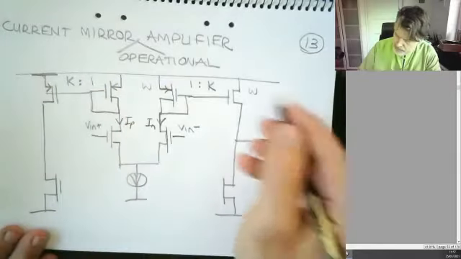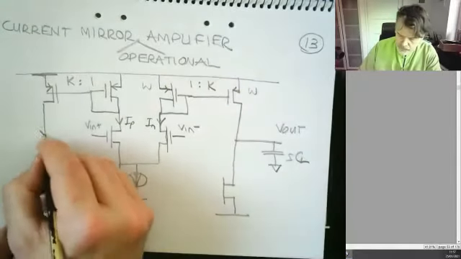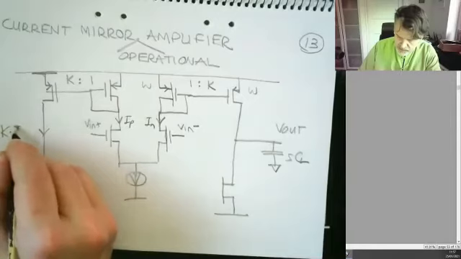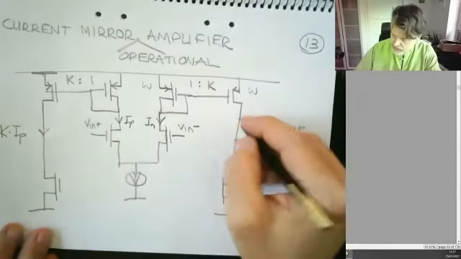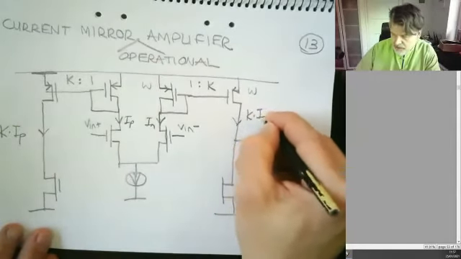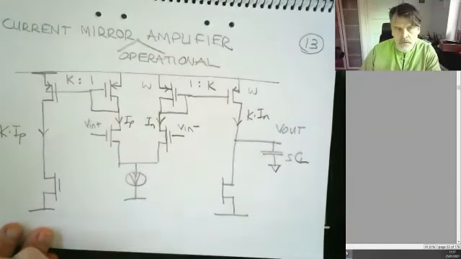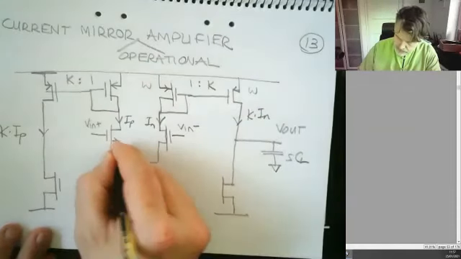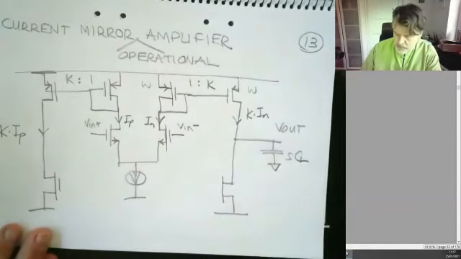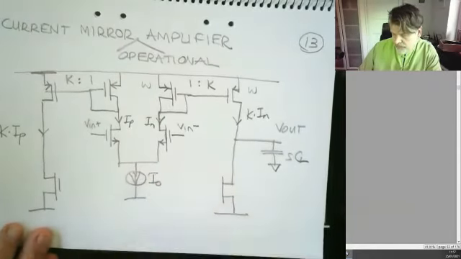So these are all PMOS at the top. So here I will obviously have K times IP, and here I will have K times IN. This is some I naught.